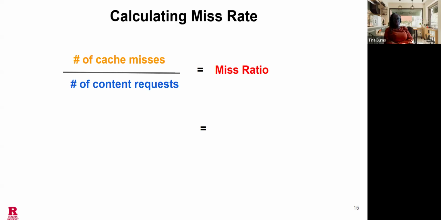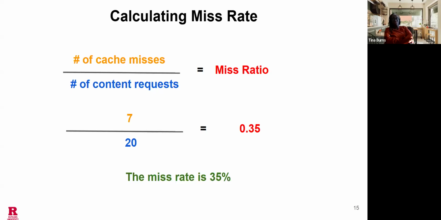For us, that's relatively easy. We already said that our number of misses was 7, and our total number of requests for this example was 20. That means that my miss ratio is 0.35, or another way to put that is the miss rate is 35%. So 35% of the time, there will be a cache miss each time this runs, right? So that's one way to calculate it.